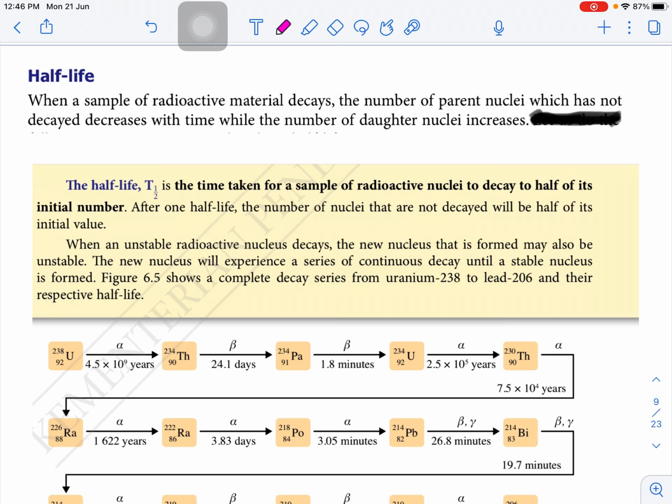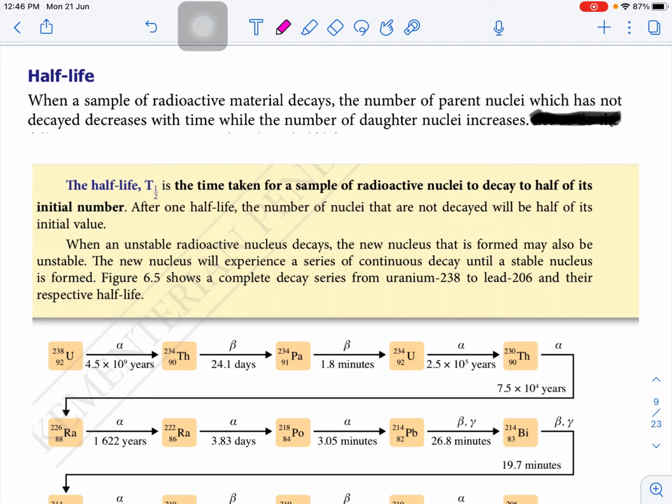But for gamma ray, it can emit gamma ray with alpha particle, or gamma ray with beta particle. But it cannot emit alpha and beta particle at the same time. So why can it emit gamma ray with alpha particle, or with beta particle?